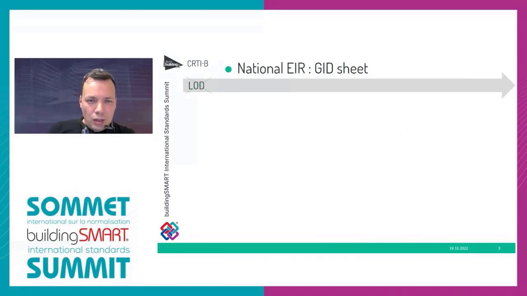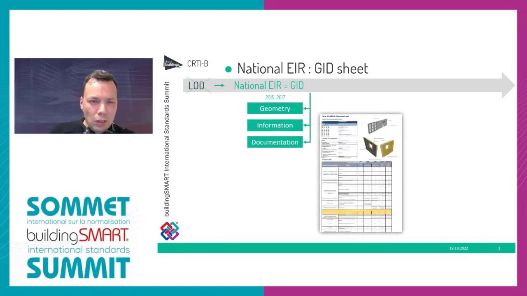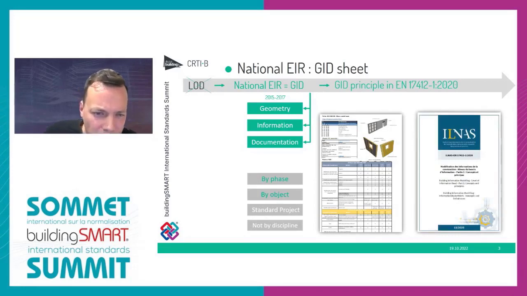So we have created some national EIR. We didn't want the level of development because it was not accurate enough. The national EIR are split into requirements for geometry, information, and documentation. We also split the requirements by phase, five standard phases in Luxembourg, and by object, so one sheet per object.